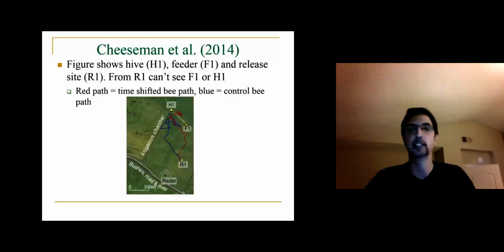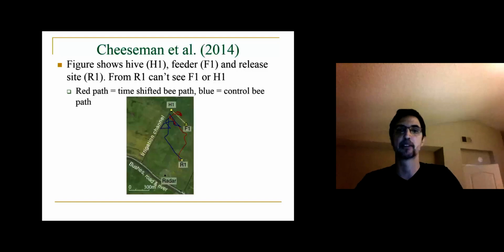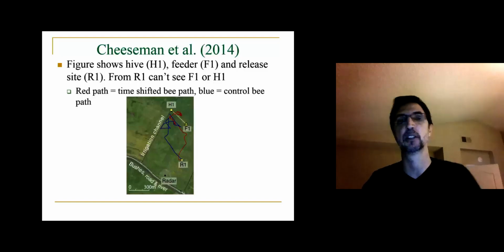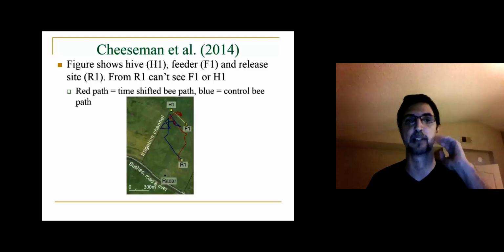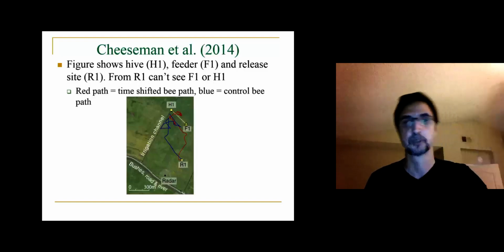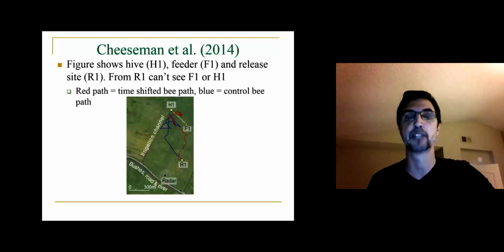And what you can see is the average paths that bees in each of the two groups took. The red path is the time-shifted bees, and the blue path is the control bees. What you can also see is that both groups of bees eventually made it back to the hive, after starting off in the wrong direction.